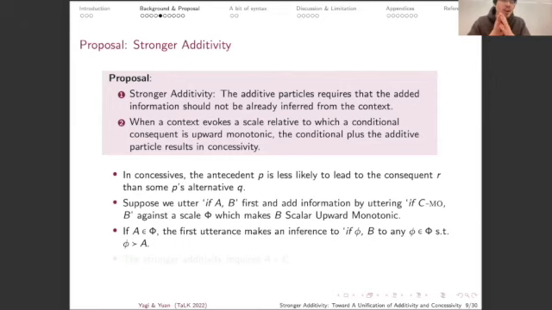And suppose that A is in the alternative set of phi. A is the antecedent of the conditional which was uttered first.